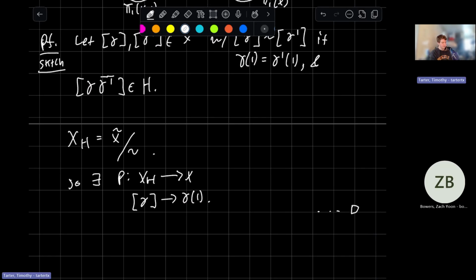Yeah, the quotient of this other covering space still gives all of the conditions that we need.